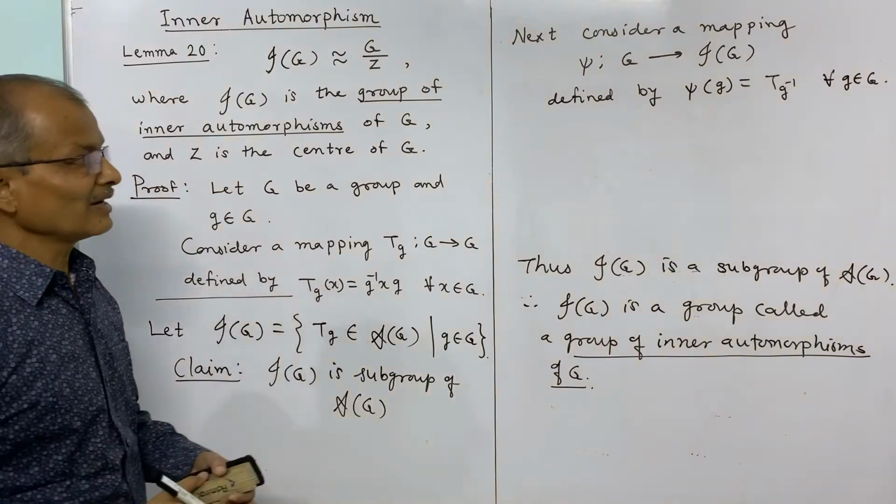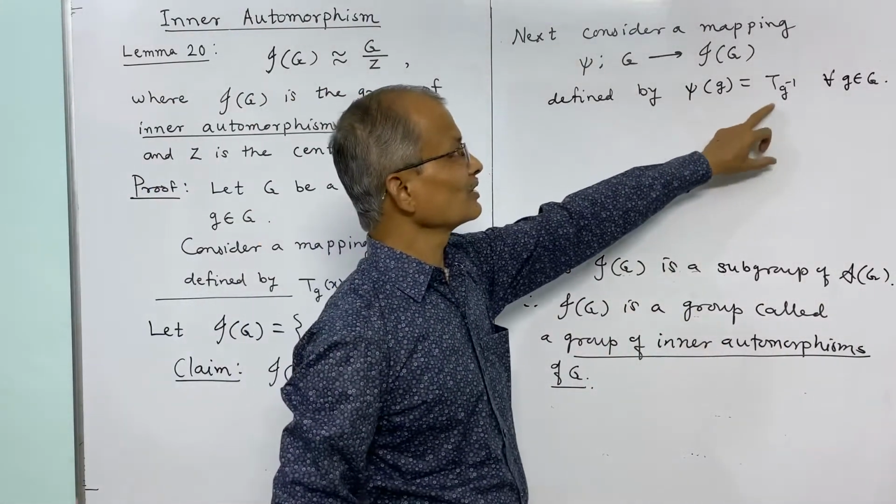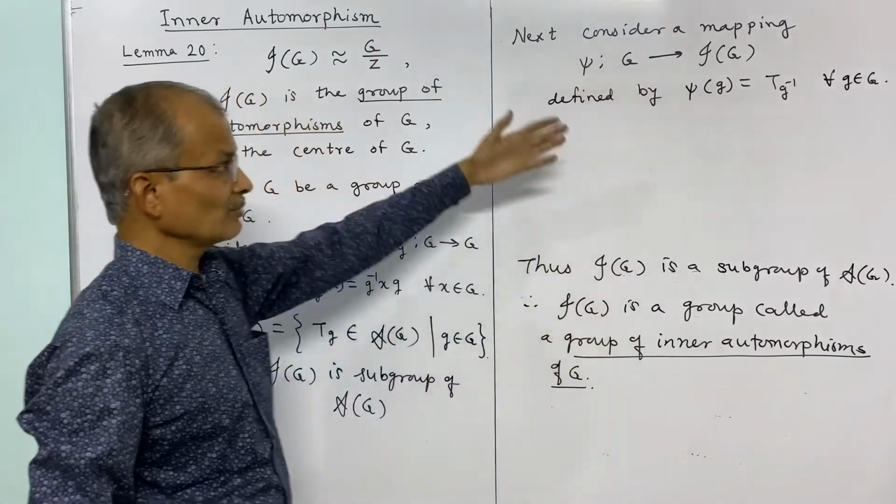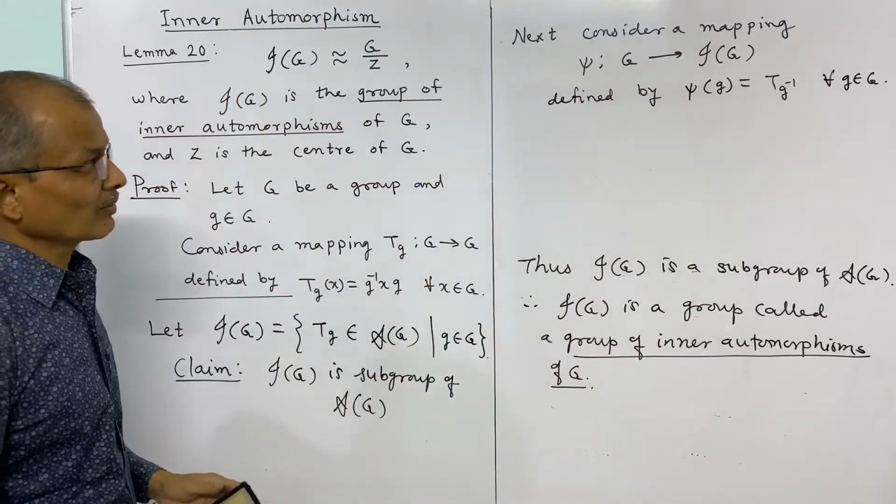Psi is defined in terms of Tg inverse, because Tg inverse is in script I of G, as we have just shown, because it is a group, and therefore we have defined this.